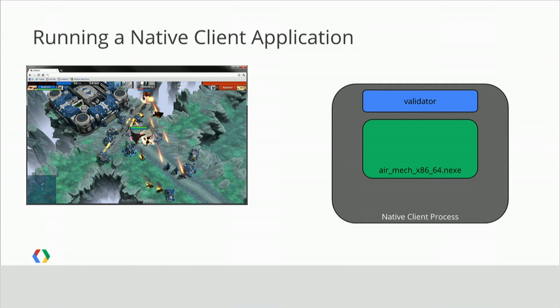The native client system is built around a technique called software fault isolation. The software fault isolation is a scheme for basically analyzing and ensuring that the Naci doesn't contain any forbidden instructions. Typically, those are the ones that allow direct native access to the operating system. And that furthermore, it behaves itself with regard to control flow. That is, it can't run any instructions that I didn't look at.